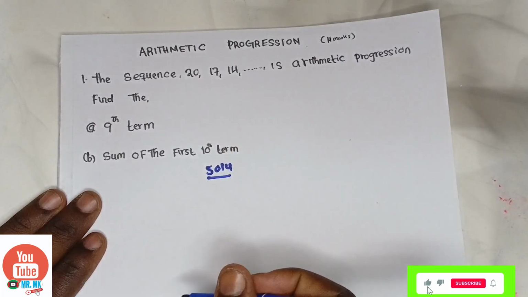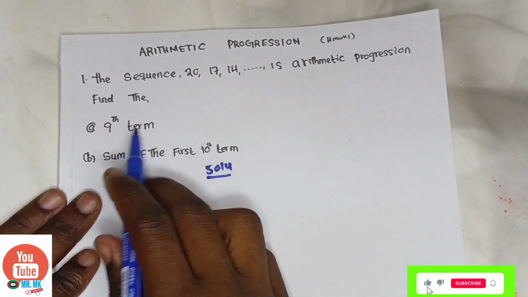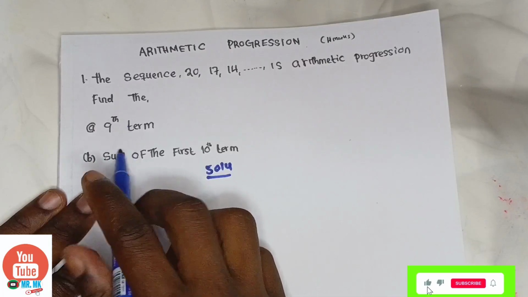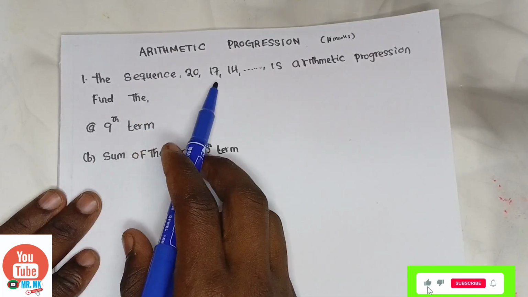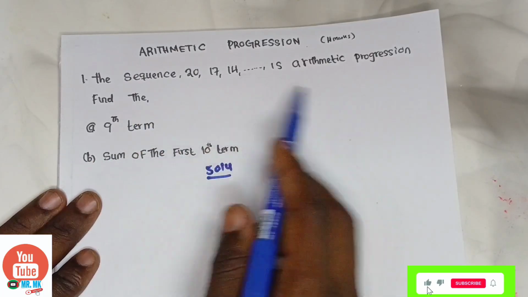Solution. Now, how do you find the 9th term? The sequence 20, 17, 14 is an arithmetic progression.